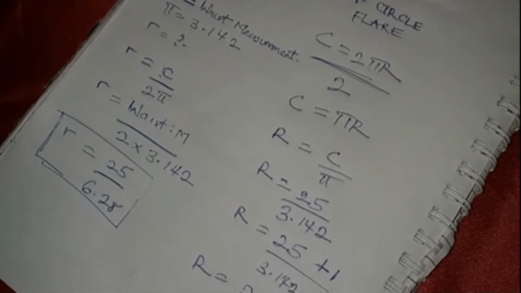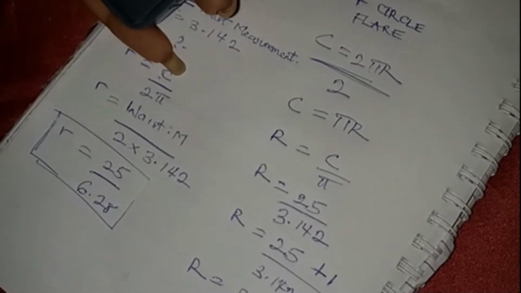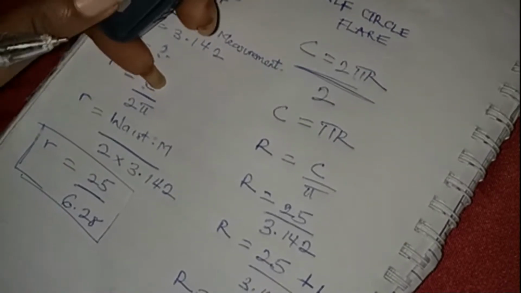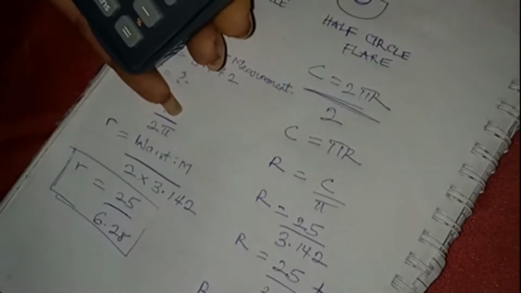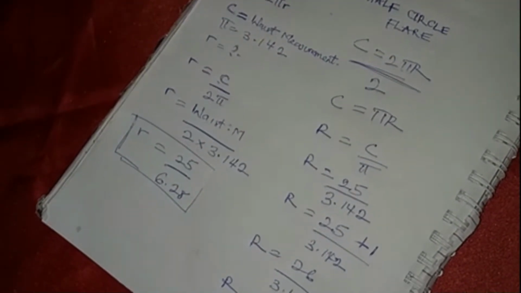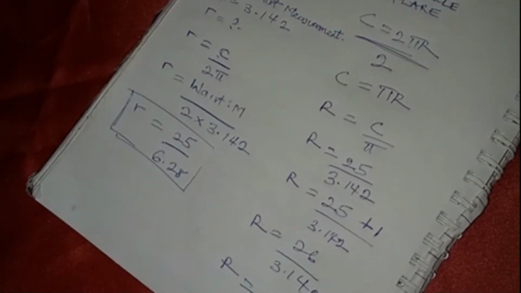Let me use our calculator now, 26 divided by 3.142. We have 8.3 approximately.